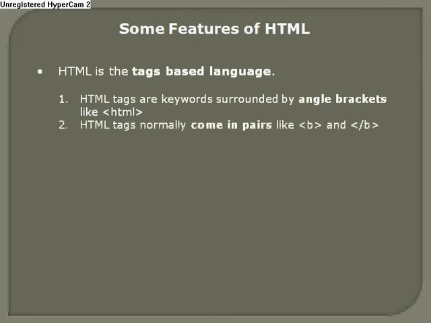Next, HTML tags normally come in pairs, like opening angle bracket B, closing angle bracket, and opening angle bracket slash B closing bracket. Now this one is known as the opening tag and this one is known as the closing tag, and B is the name of the tag, like here HTML is a tag name.